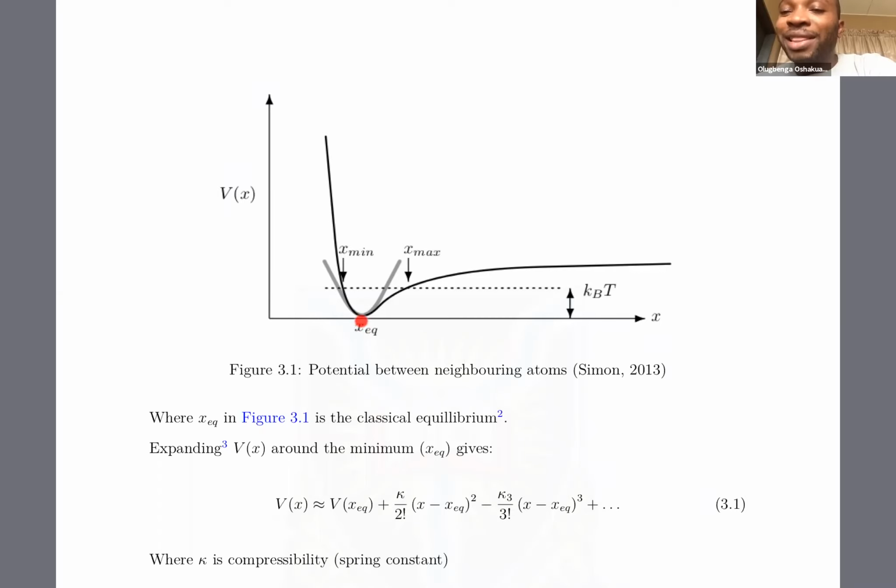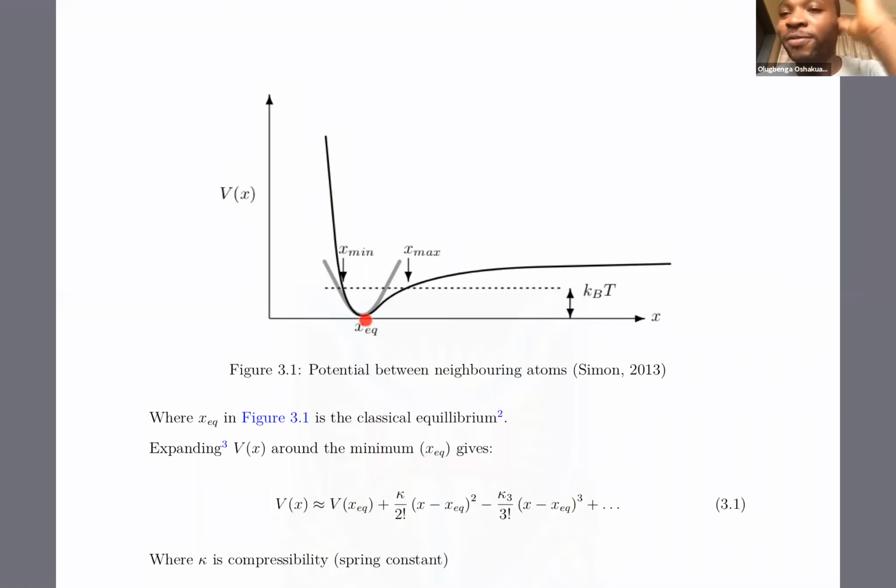When you attempt to reduce the spacing between the atoms such that x is less than x equilibrium, you will require a huge amount of work to do that. And if you even force it, you compress it to this level, automatically you would expect that when you remove the external force, it returns to this state.